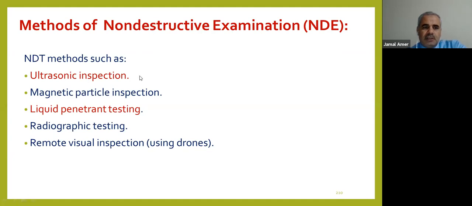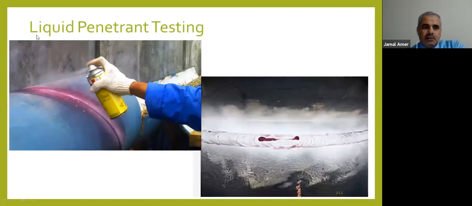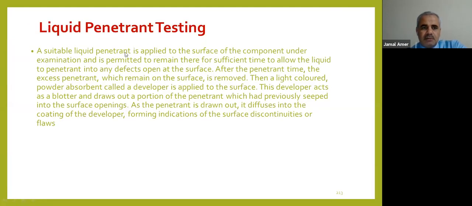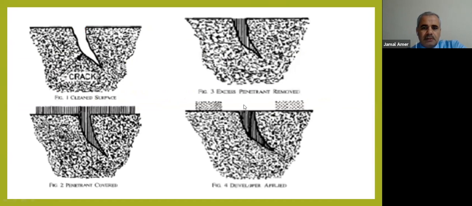We use ultrasonic and also liquid penetrant testing. We'll talk in detail about them in our course. This is the method of how to perform liquid penetrant testing. Here we see how it works.